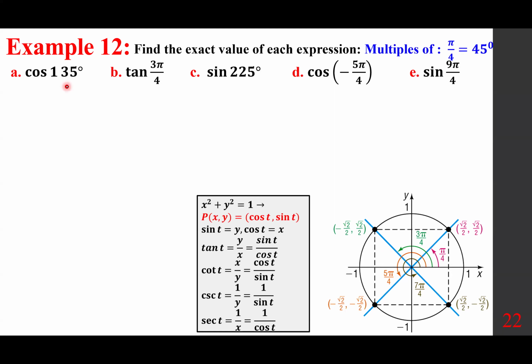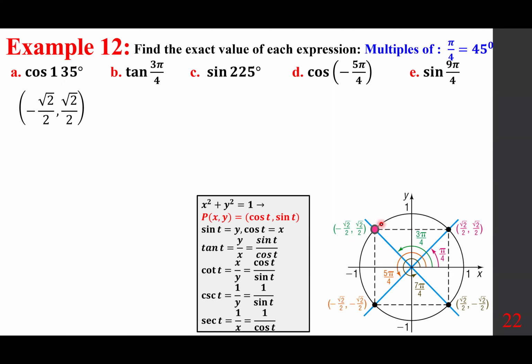And so we want cosine of 135 degrees. So 135 degrees is right here, or 3 pi over 4.